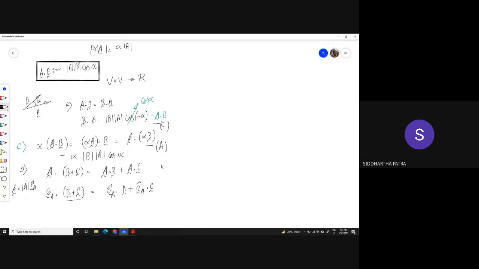First of all, let's see what taking a dot product with a unit vector really means. Okay, so this right here is a B vector, and this is the angle right here.